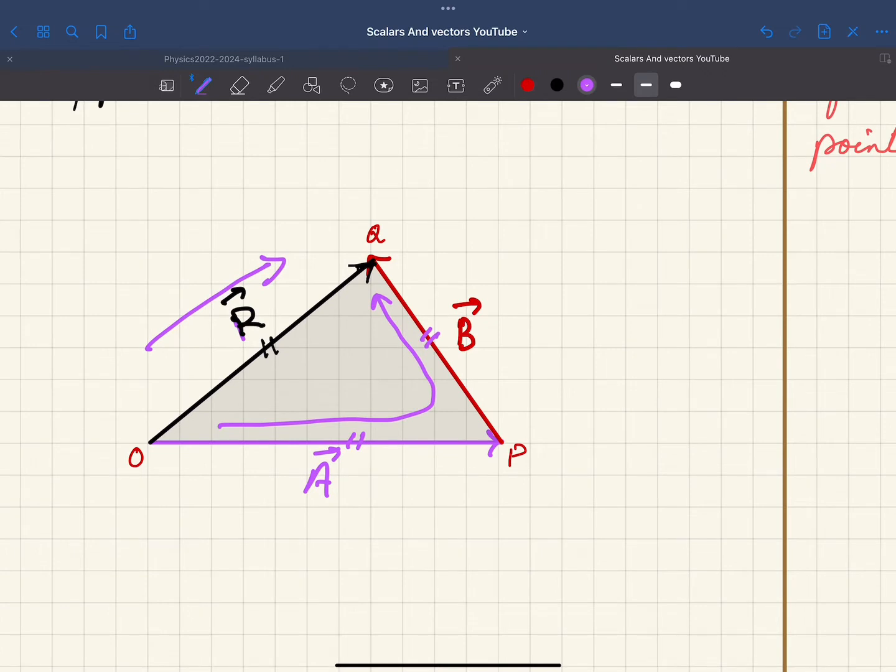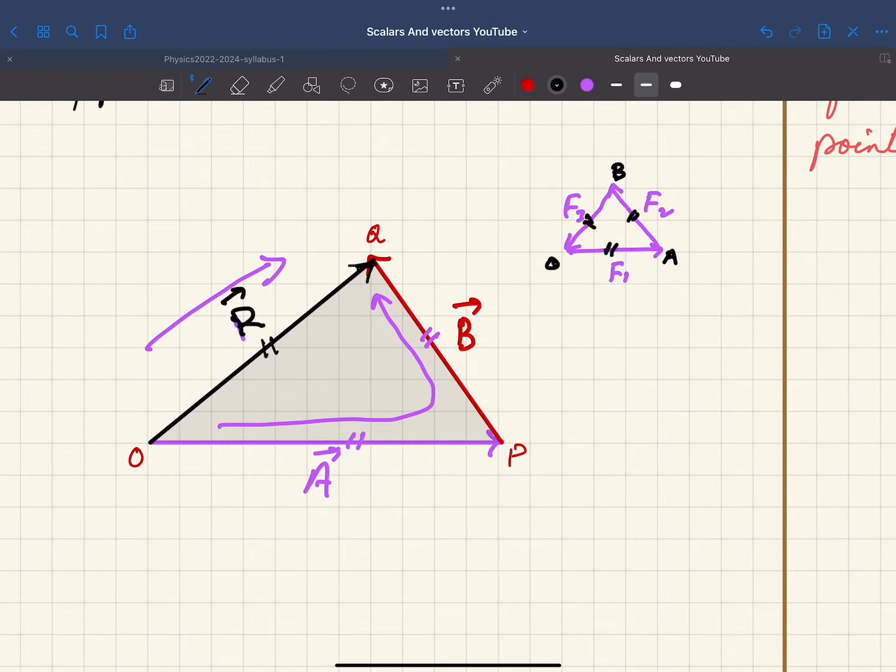Particularly, suppose you have a balanced or equilibrium situation. Suppose this is F1, this is F2, and here you have F3. So what is the resultant here? You have started from point O and gone to A, from A to B, and then you are coming back to O. It means that the resultant vector is 0.